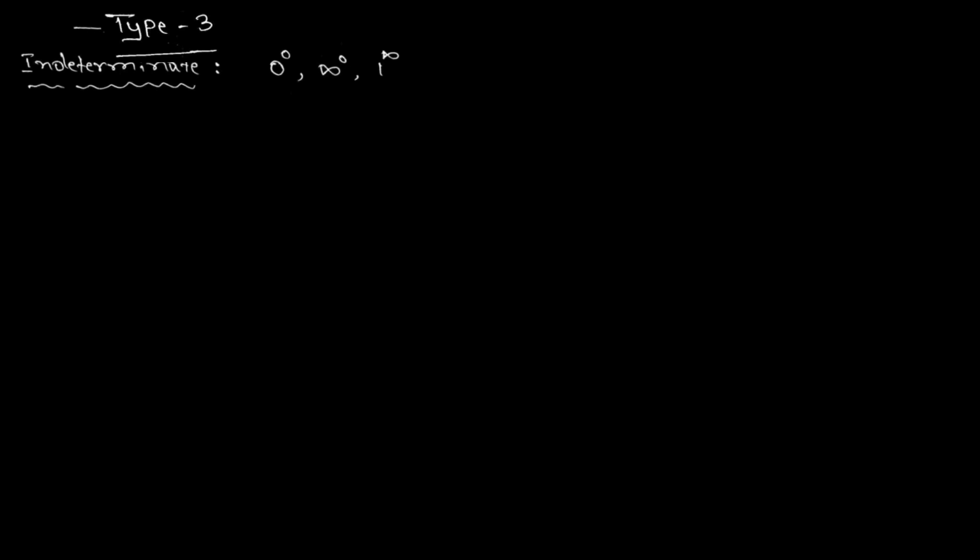Now let us see type 3. In this type, we are going to see the functions whose limit will be of the form 0 to the power 0, infinity to the power 0, 1 to the power infinity.